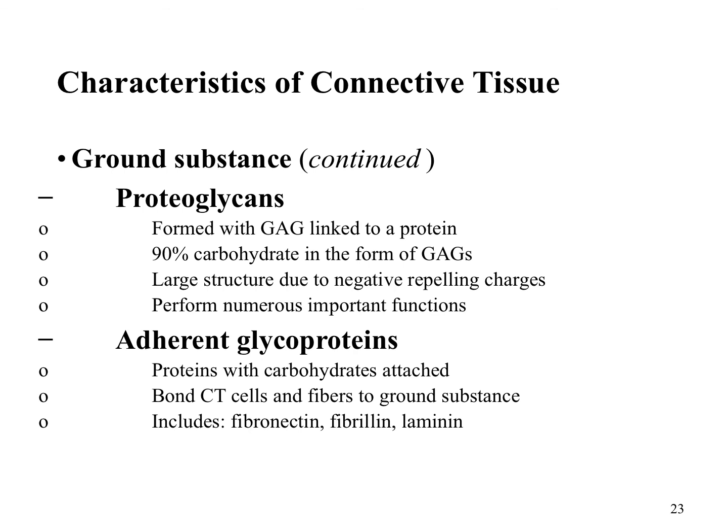The glycoproteins are adherent. Remember we talked about how the epithelial tissue will connect, say this is your basement membrane, and the epithelial cells connect to the basement membrane, and there are anchoring points.